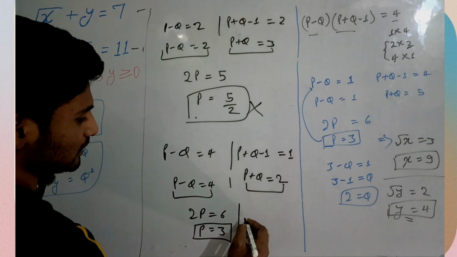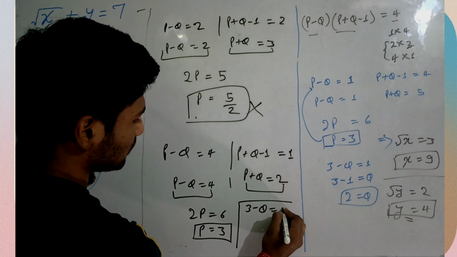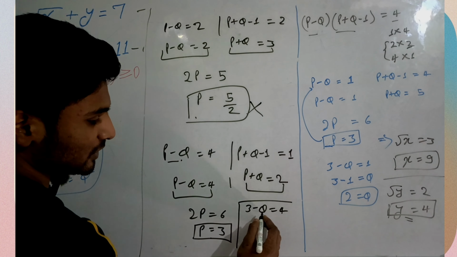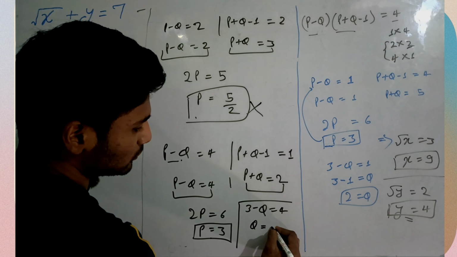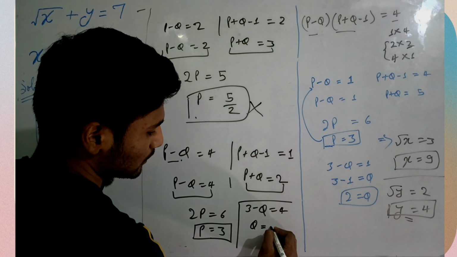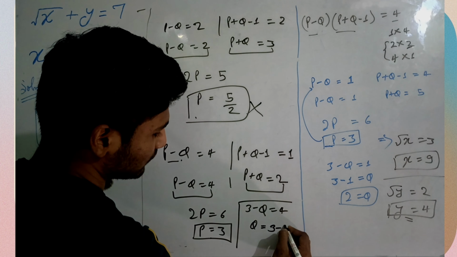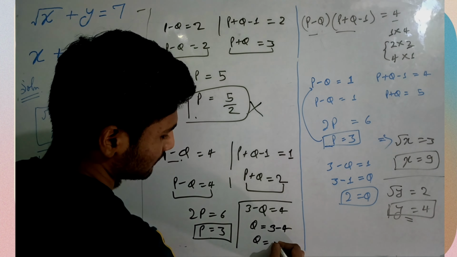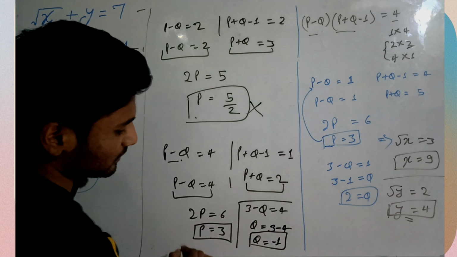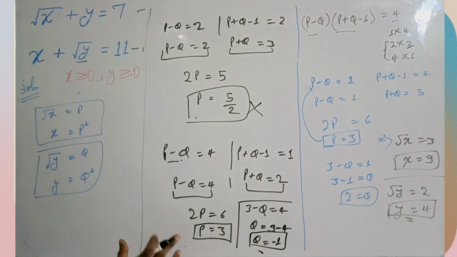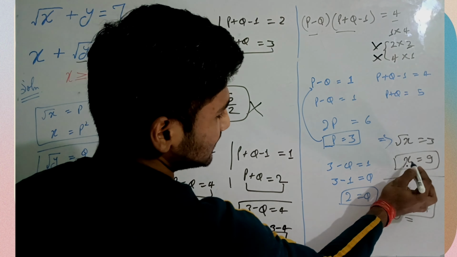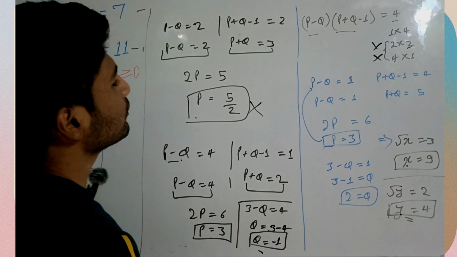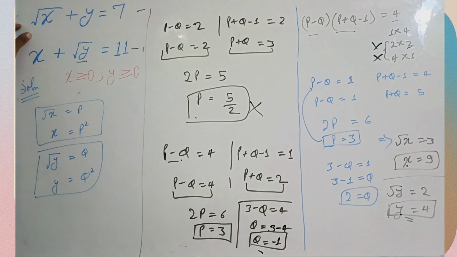When p is equal to 3, we get 3 minus q is equal to 4, or the value of q is equal to 3 minus 4, which is minus 1. Again we have got a negative integer, but we have assumed our values to be positive integers. So these two factorizations do not give the correct answer. Hence the value of x is 9 and the value of y is 4, and we have also checked this.